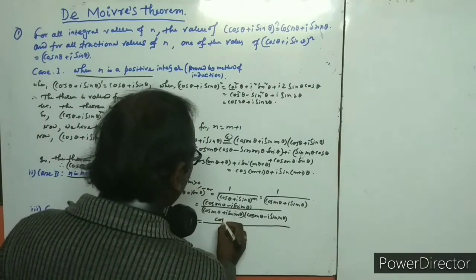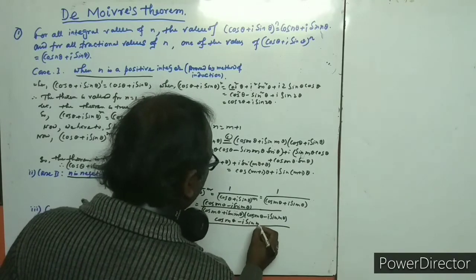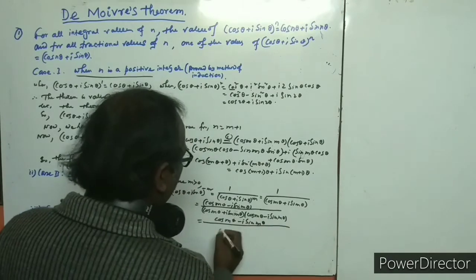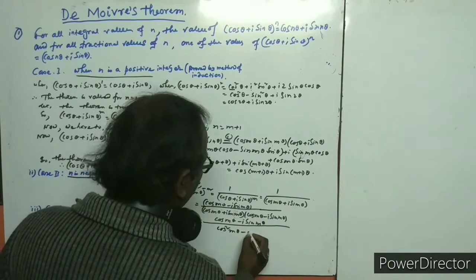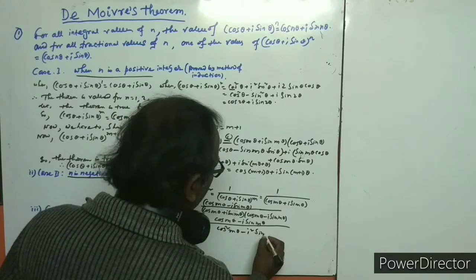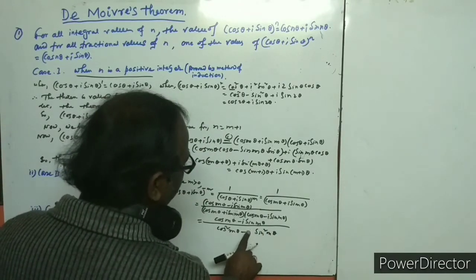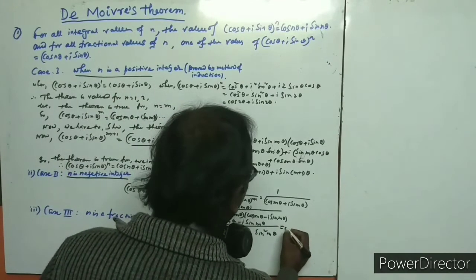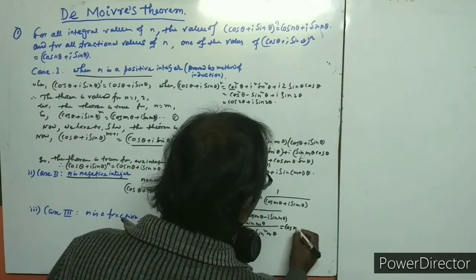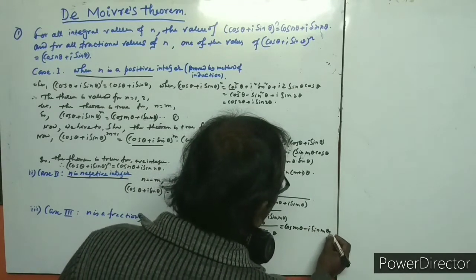This is equal to cos² mθ − i² sin² mθ. i² means −1, so it becomes plus 1, and this is 1, so you can write it as cos mθ − i sin mθ.